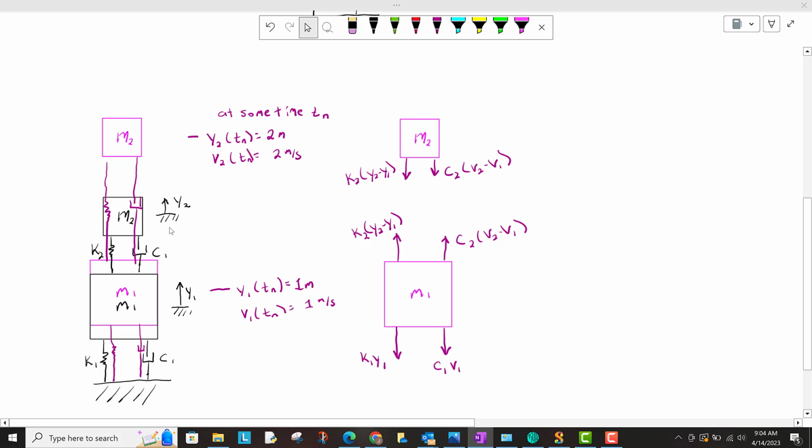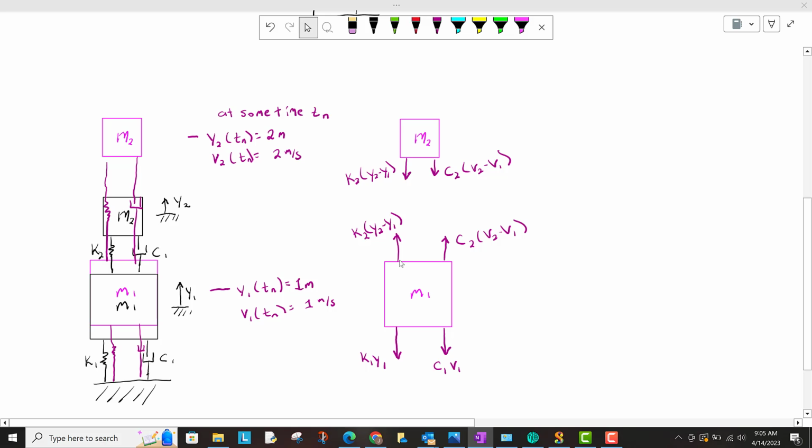So moving to the other spring and damper, mass 2 has moved more than mass 1. Mass 2 is at 2 meters away from its origin, and velocity 2 is 2 meters per second. So it's traveling upward at a higher velocity than mass 1, and it has stretched the spring because Y2 is greater than Y1, so there is stretch in spring 2.